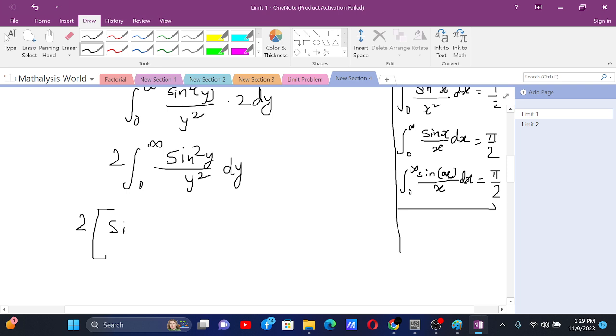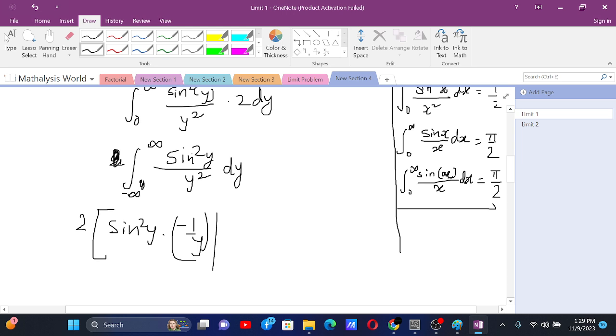Okay, so sine square y times minus 1 by y, integral from 0 to infinity. No, if I do 0 to infinity, I will not evaluate this integral at 0. So let us take this 2 out, and let us make it from minus infinity to plus infinity.